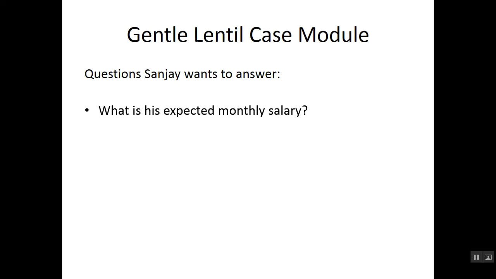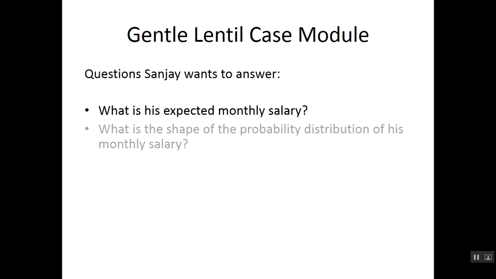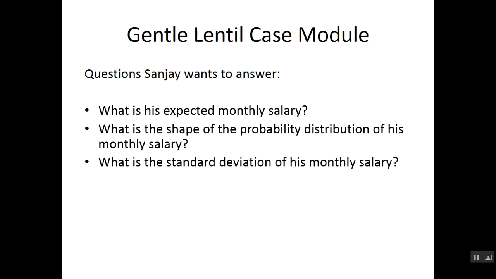Now, there's a couple of side pieces that go along with that. When we give him his expected monthly salary, we also want to tell him about the shape of the probability distribution of his monthly salary. This will give him a gauge on the reliability of that expectation. We should also inform him of the standard deviation of his monthly salary. This will help him know about variations in that salary from month to month.